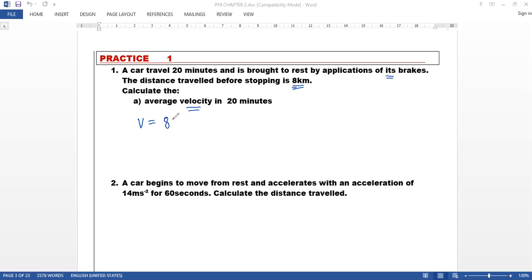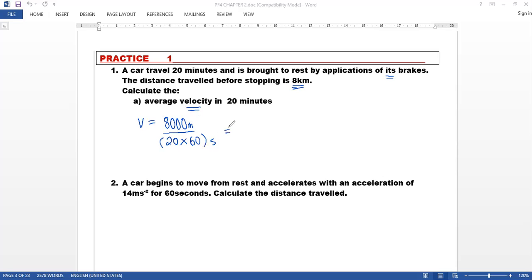Change the 8 kilometers to 8,000 meters. I'm trying to give the final answer in SI units. The average velocity formula is total displacement per total time. Total time is 20 minutes. Change it to seconds.